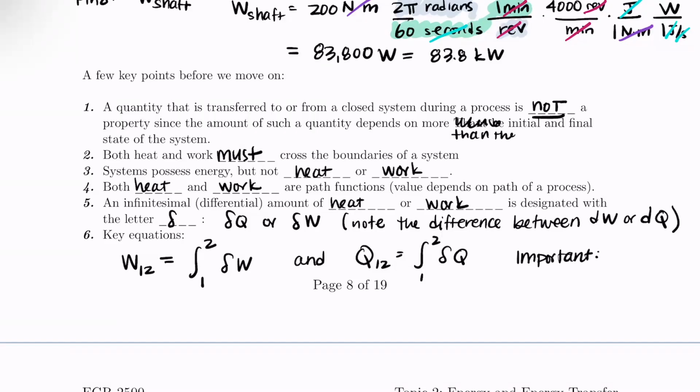Since this delta is not the same as dW, that means that the integral from 1 to 2 of delta W is not equal to W2 minus W1, okay?